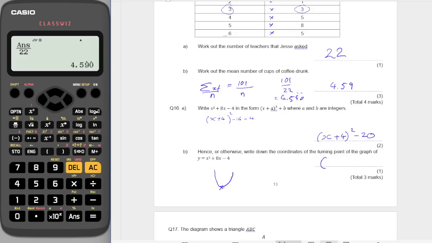So the smallest that y could be is when this bracket here is equal to 0. So that would be when x is equal to minus 4. And when x is equal to minus 4, y would be equal to 0 squared minus 20. So just minus 20.